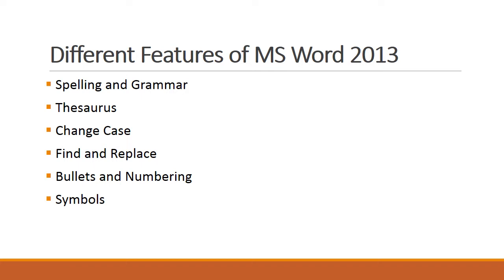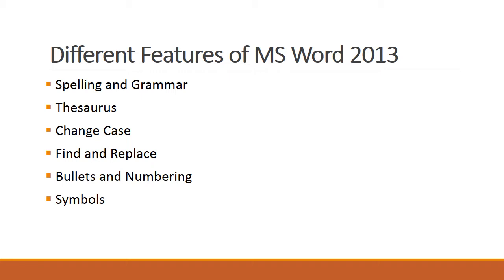First, spelling and grammar. This tool is actually helpful to correct our spellings and grammatical mistakes in our content or in our Word document. The next is thesaurus. Thesaurus is a very useful tool that is used for the synonym words, the words which are having the same meanings.